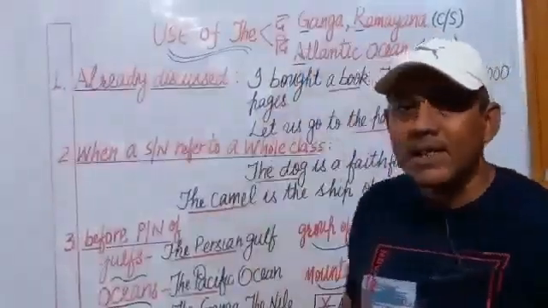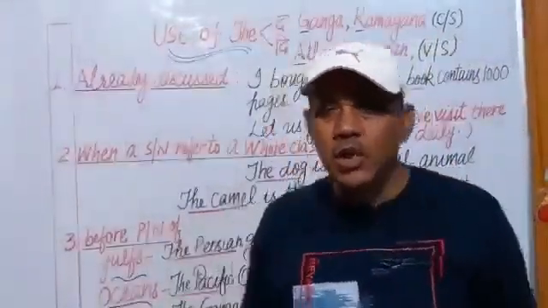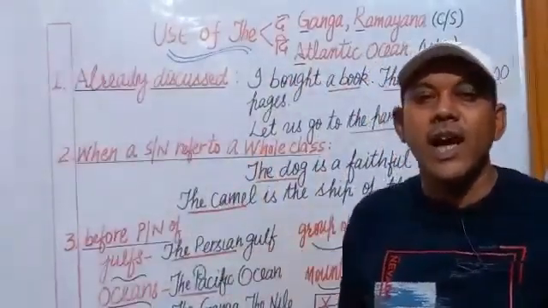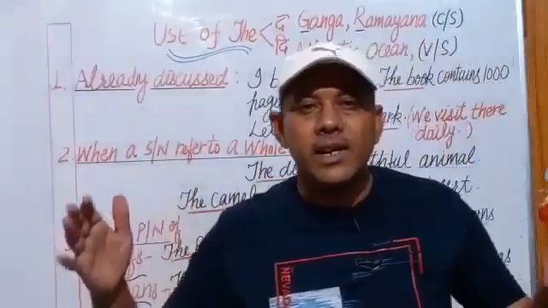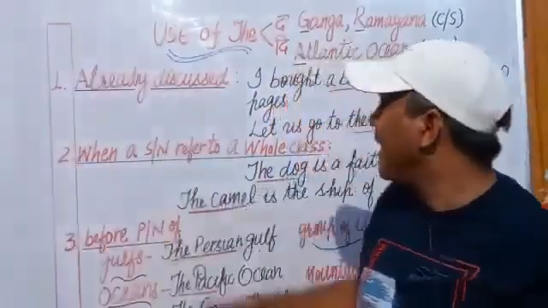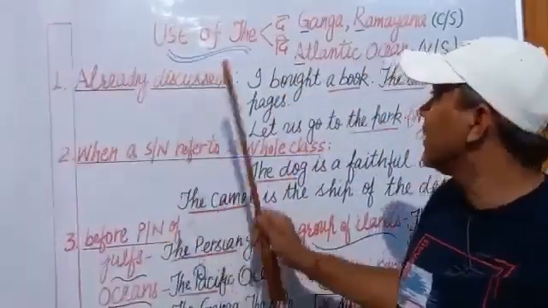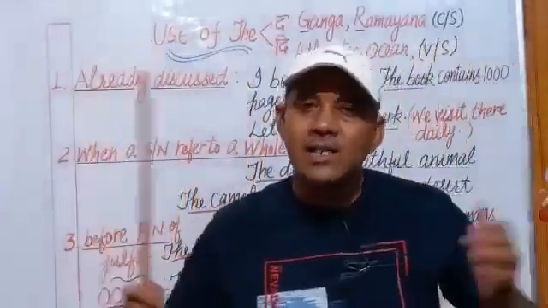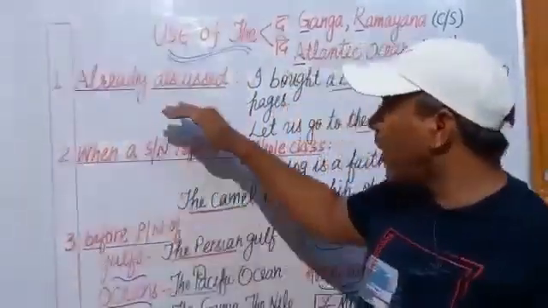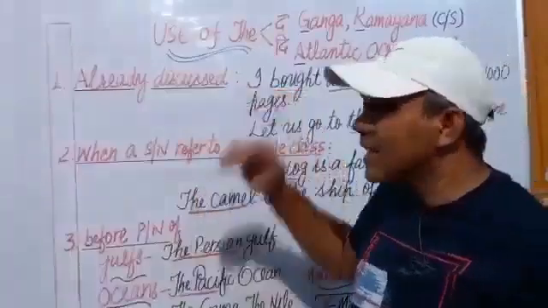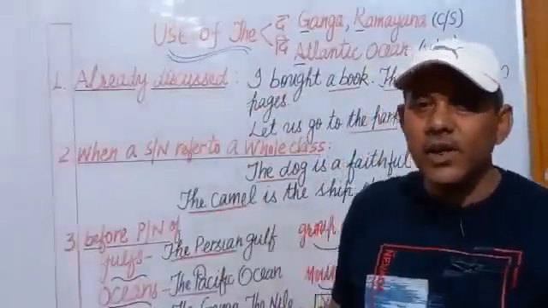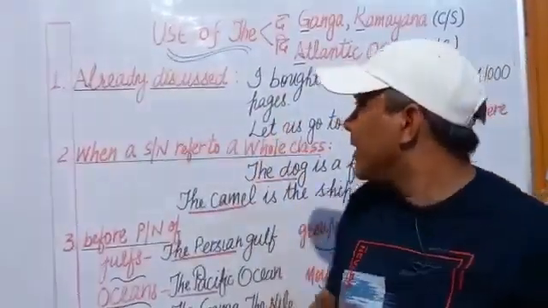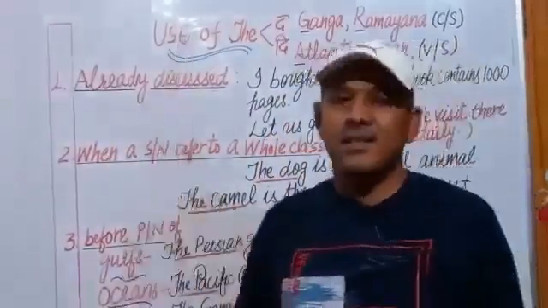Take a few examples, note down in your notebooks to make the correct pronunciation of the in different situations. Now, let us discuss the use of the as an article. First of all, in all the sentences in which the particular noun is already discussed.